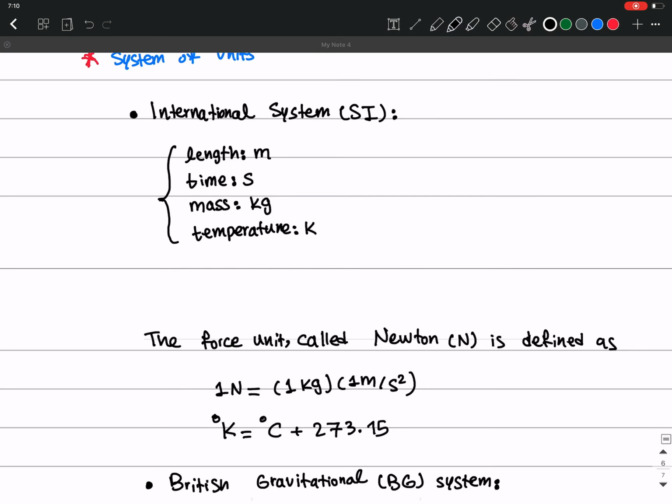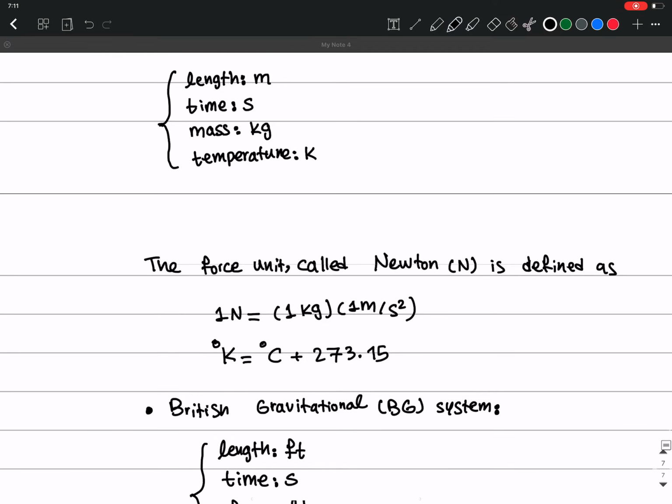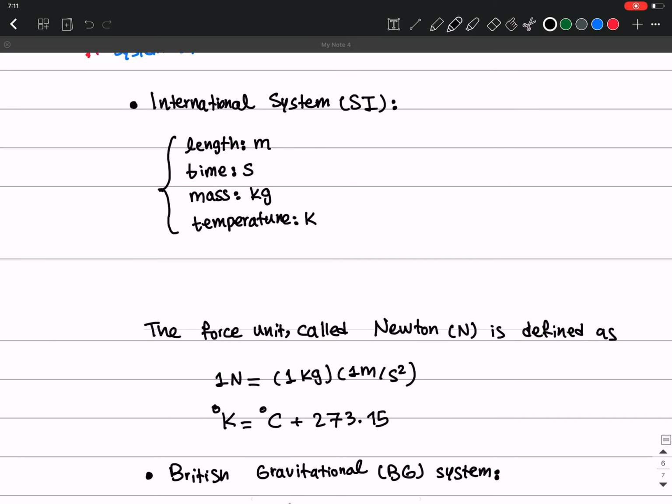You need to know these two systems well, because in some of the exams and homework problems we are going to work with SI, and in others with the British gravitational system, or BG. But mostly we are going to use SI in this course, because this is the most accepted and most practiced unit in the scientific community.